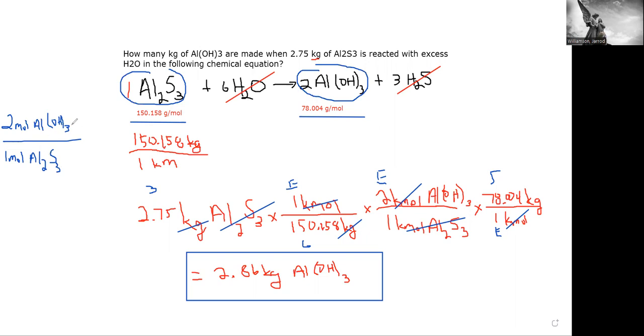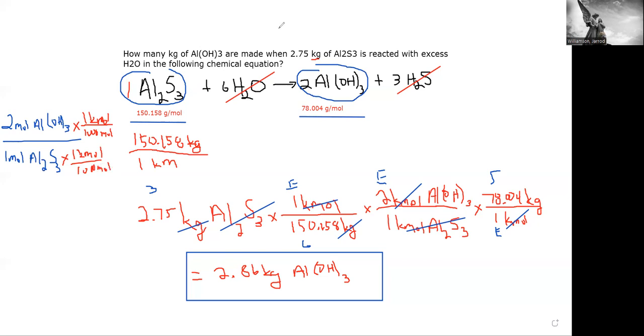If I want to turn the moles into kilomoles, you'll see that it makes things easier. 1 kilomole is 1,000 moles, and down here, 1 kilomole is 1,000 moles.